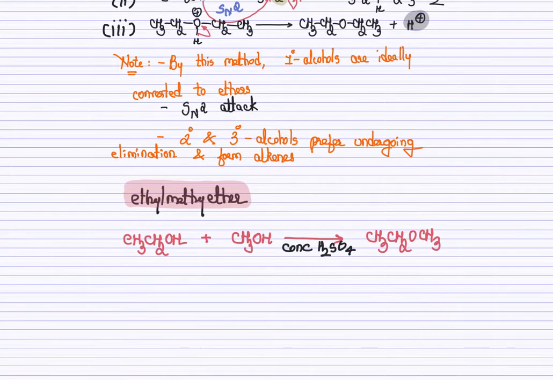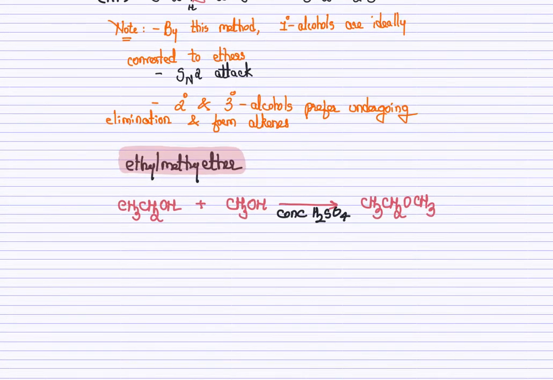So is it not possible that two molecules of ethanol may react with each other? Yes, it definitely would occur. So there are some byproducts, and in all there would be three products formed. So CH3CH2OCH2CH3 is one, and you may even get two methanol molecules forming dimethyl ether.